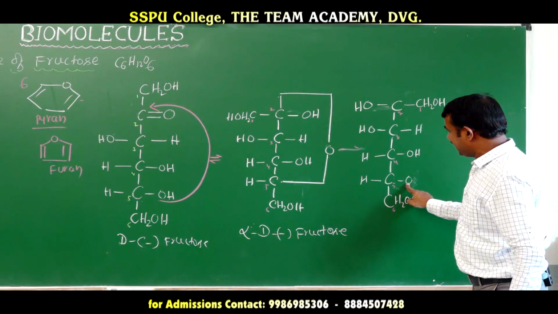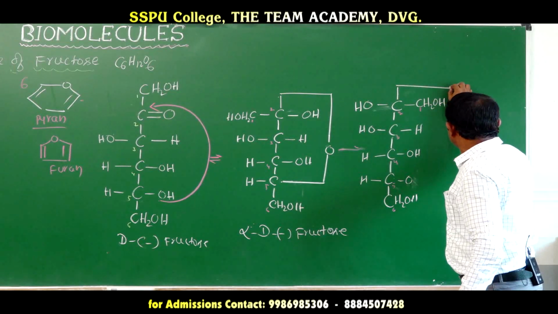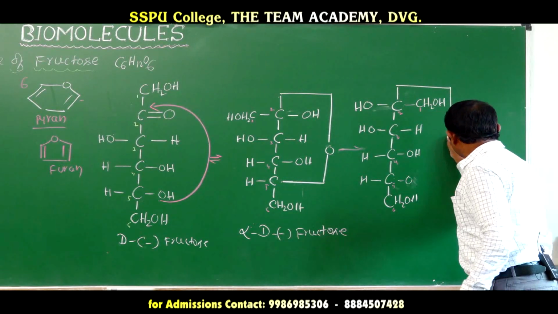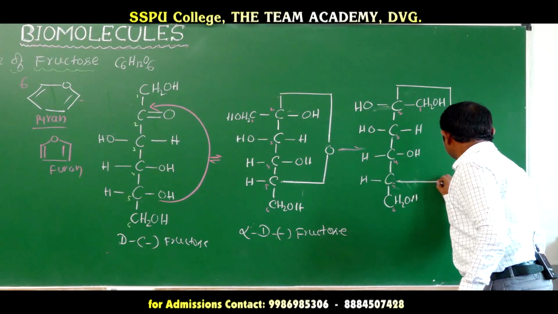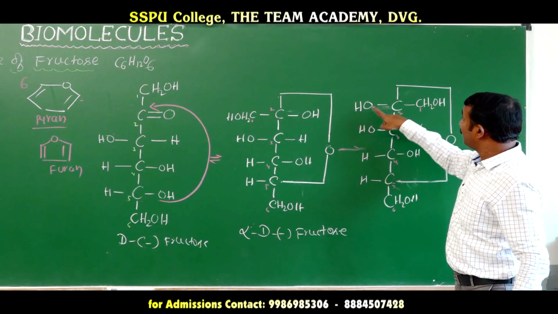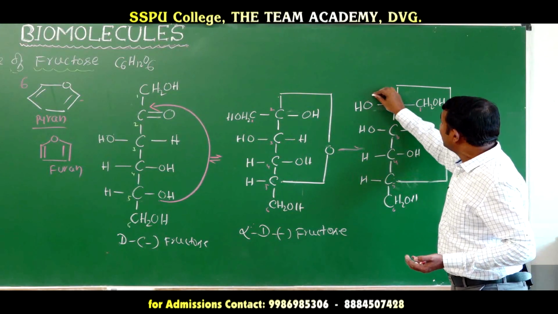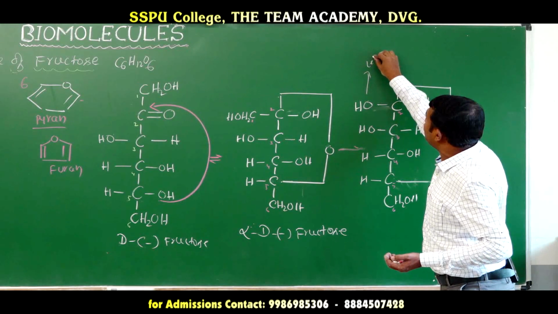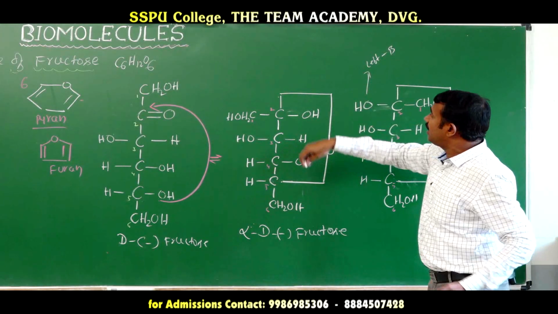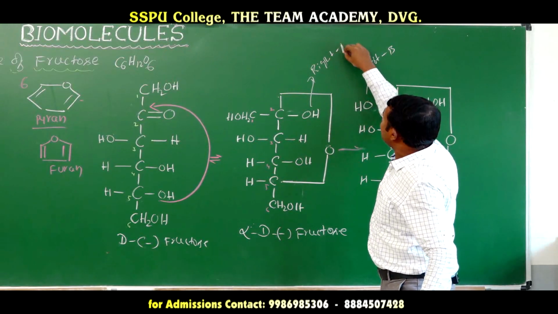This cyclic bond formation is here, C2 to C5. This oxygen I am writing here. This is a cyclic structure of beta. If the hydroxy group is on the left side, that is a beta. If the hydroxy group is on the right side, that is alpha.